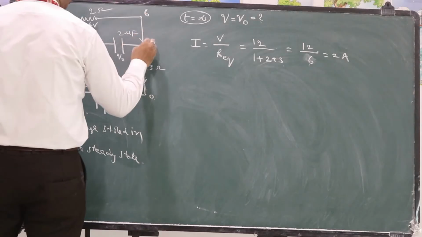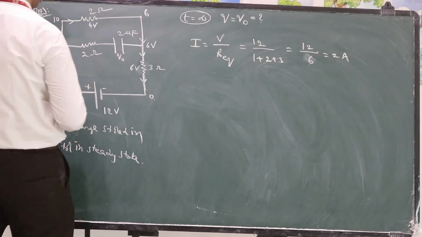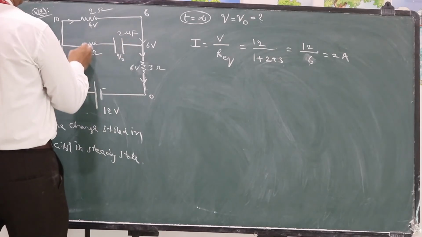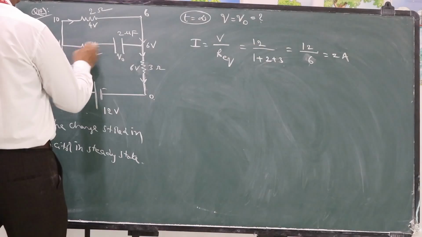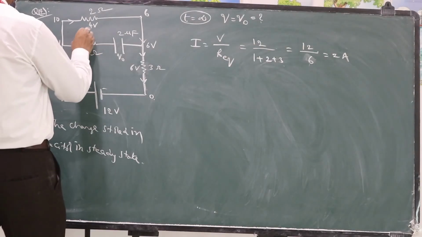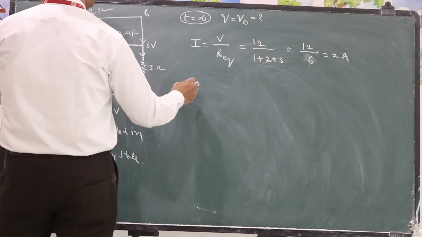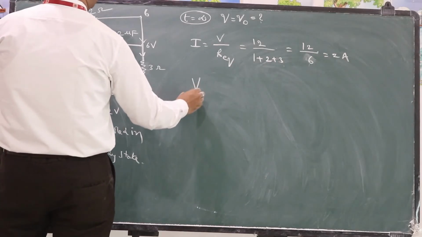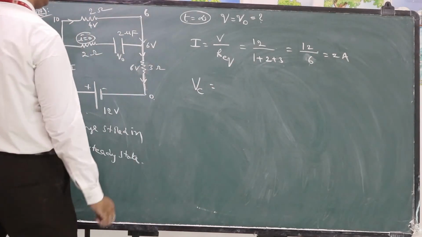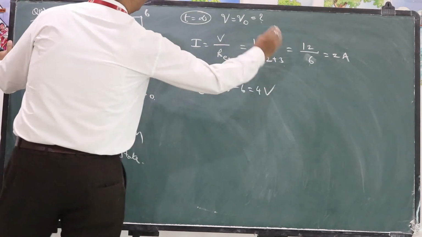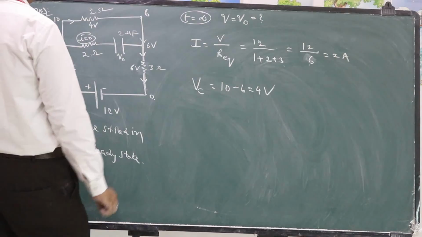As these 2 points are connected, this is also at 6 volts. What is the potential difference across the capacitor? No potential is dropped at this 2 ohms resistor since no current is passing. Here current passing through it is 0 at steady state. So the potential difference across the capacitor is 10 minus 6, that is 4 volts.